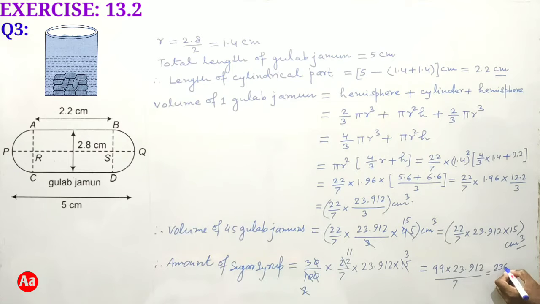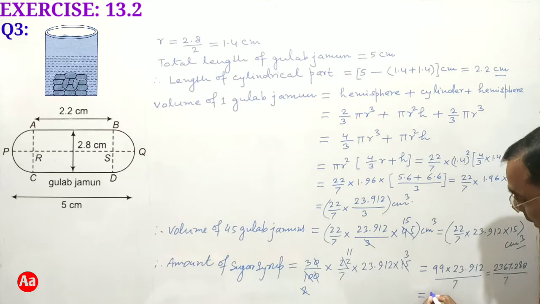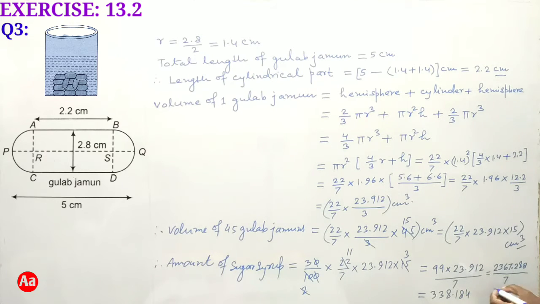Let us do 2367.288 divided by 7, and this is equal to 338.184 centimeter cube.